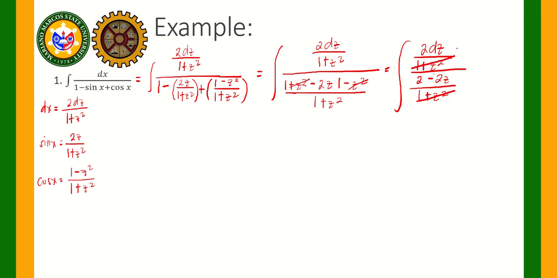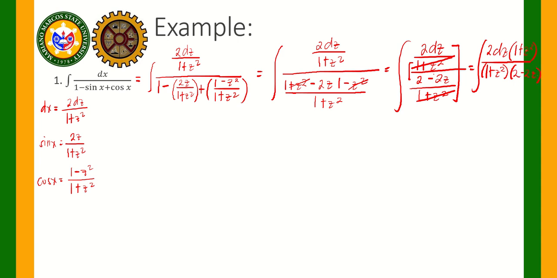To simplify this one, multiply the outer and the inner, which means taking the reciprocal. So the outer is the integral of 2dz times 1 plus z squared, and the inner is over 1 plus z squared times 2 minus 2z.